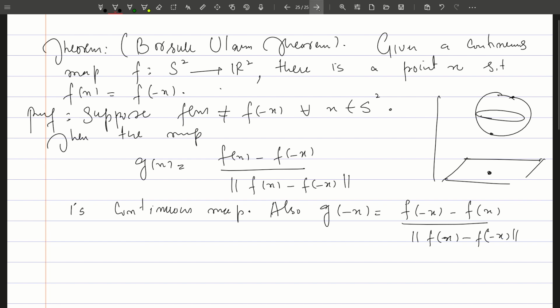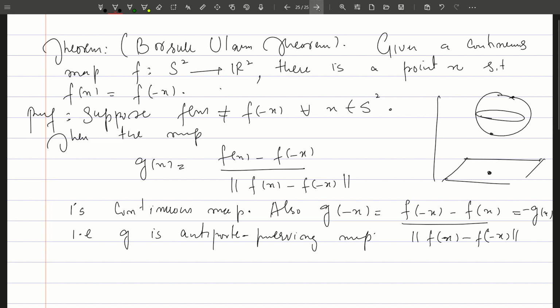I mean, g of minus x will be the same as minus g of x. So g is an antipode preserving map.